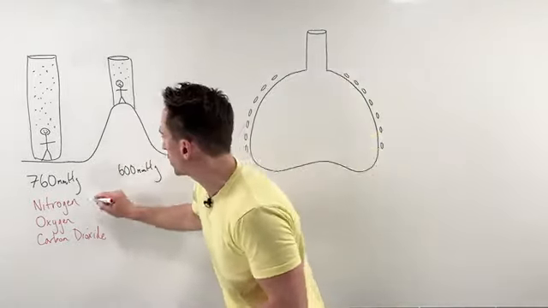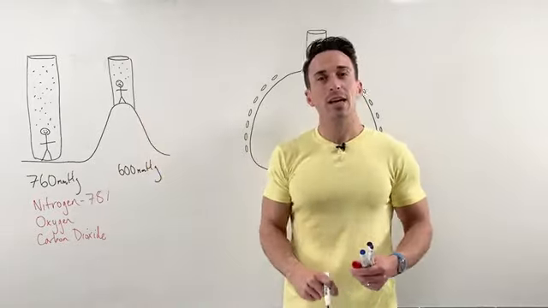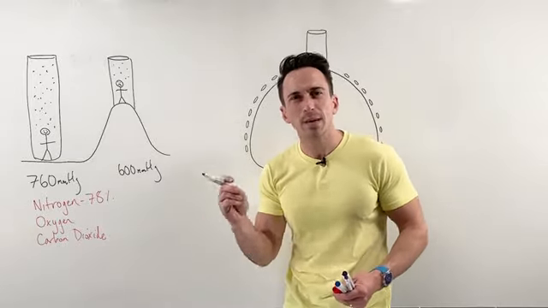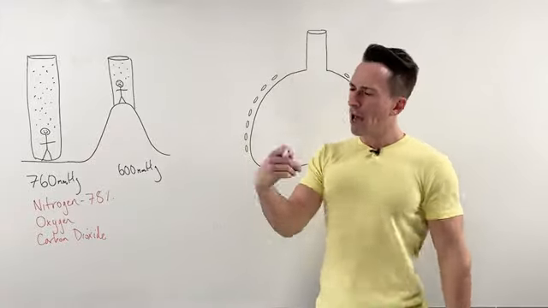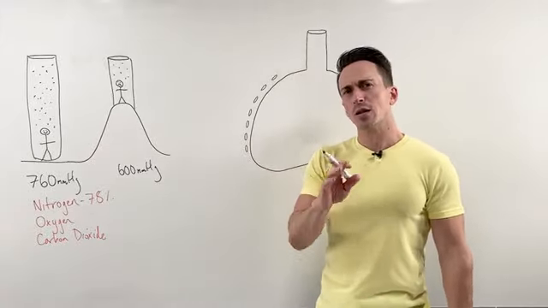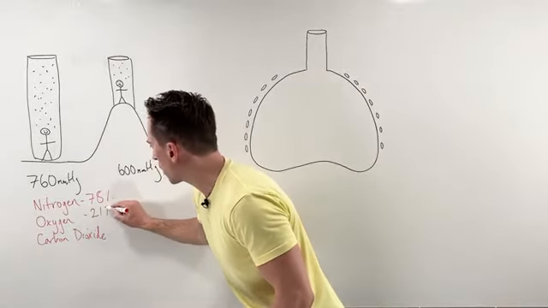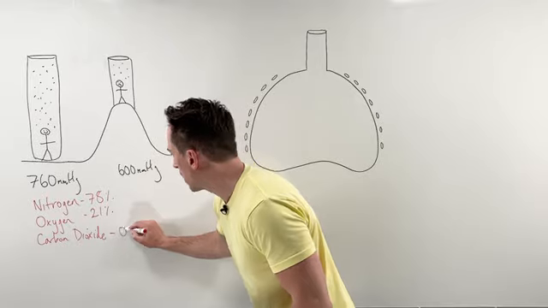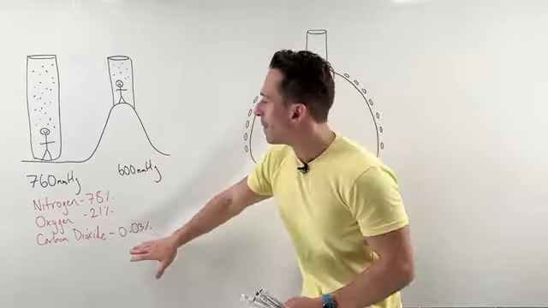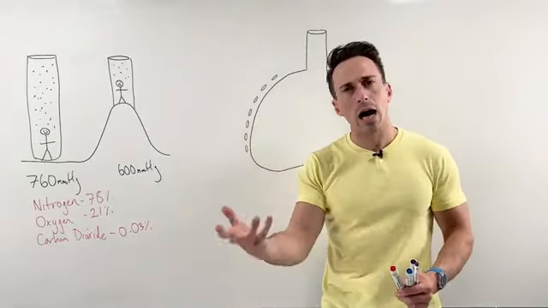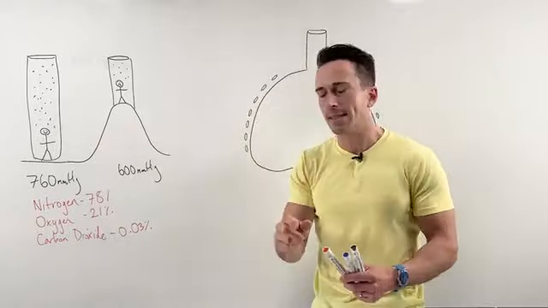Nitrogen, for example, makes up 78% of our atmosphere. 78% of all the gases around us is nitrogen, but we never talk about our body using nitrogen. I can talk about that shortly. Oxygen is 21% of the entire atmosphere, and carbon dioxide is 0.03%. The remaining are what we call trace gases, like argon, for example. We don't need to talk about those. These are the three main gases in the atmosphere.